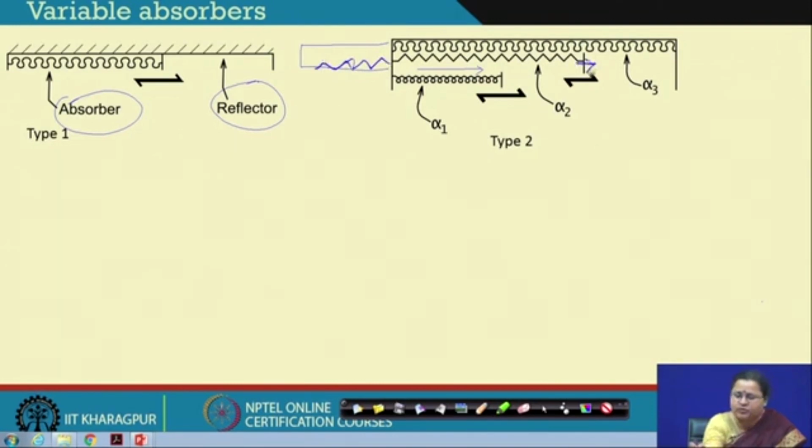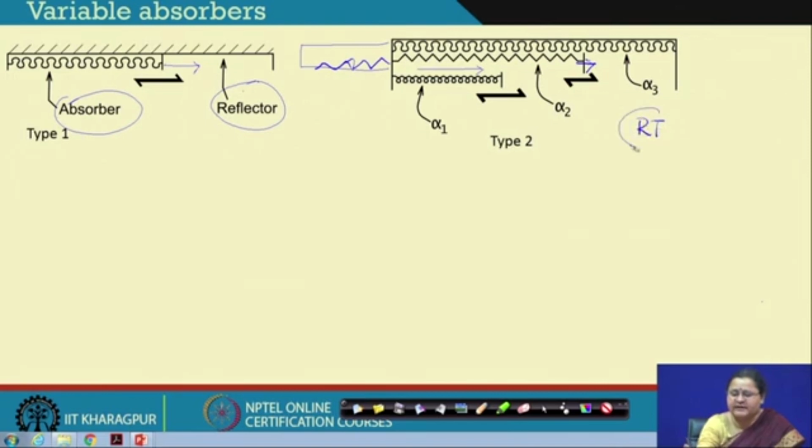Once it is pulled, it can cover up this entire area. Even this absorber that was in type 1 could be pulled further to cover the reflector. On top of it, maybe this kind of absorber can be put in. Maybe another absorber to create another layer, that is alpha 1, alpha 2, alpha 3, and even the choice of reflector could be there to have changing reverberation time.